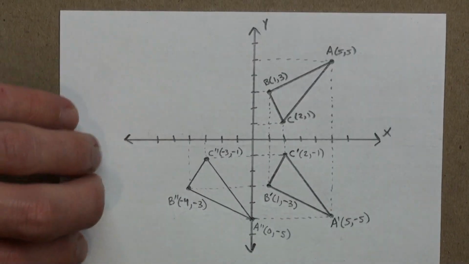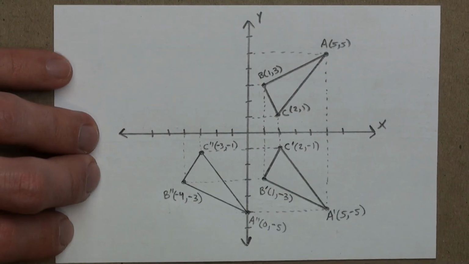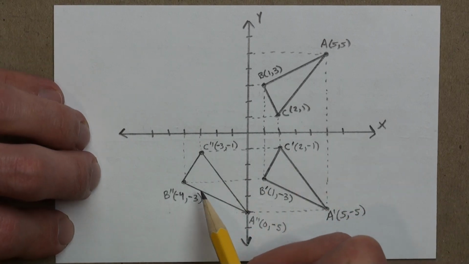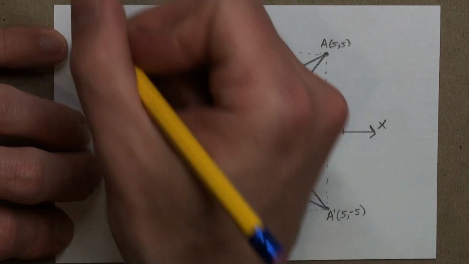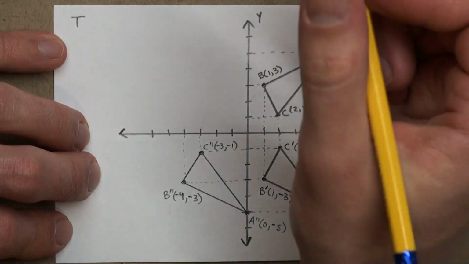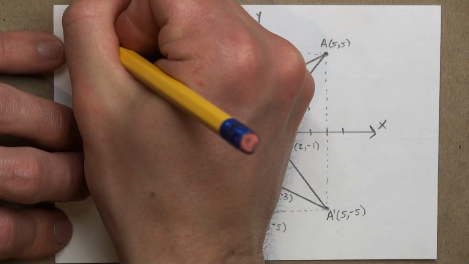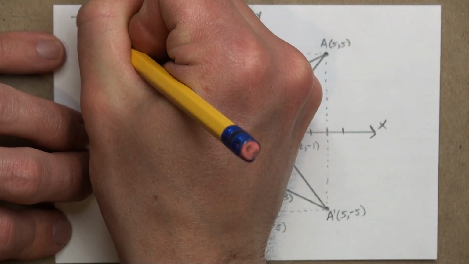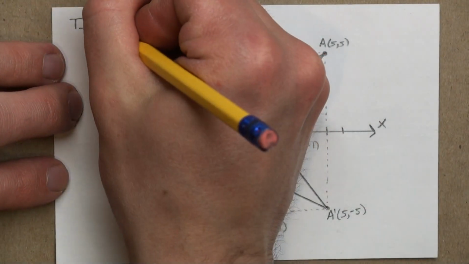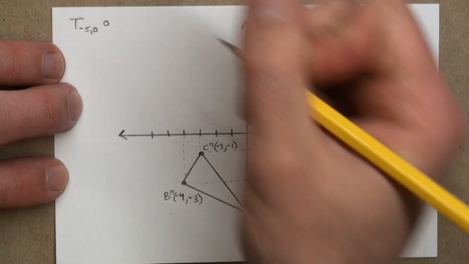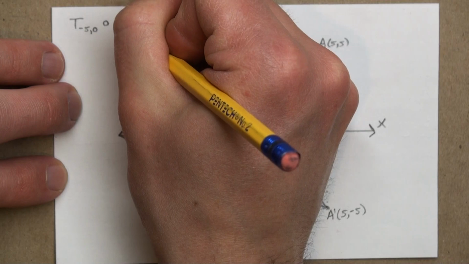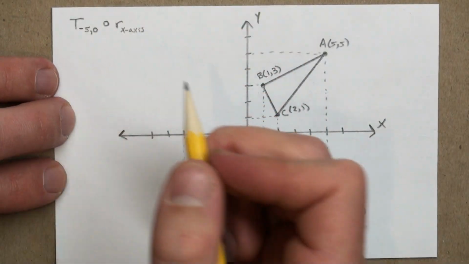Okay? So this was the second thing you did, starts first, right? So the second thing that happened was a translation of 5 units to the left, so negative 5, and 0 units up or down. Okay? And that was followed after a reflection in the x-axis.